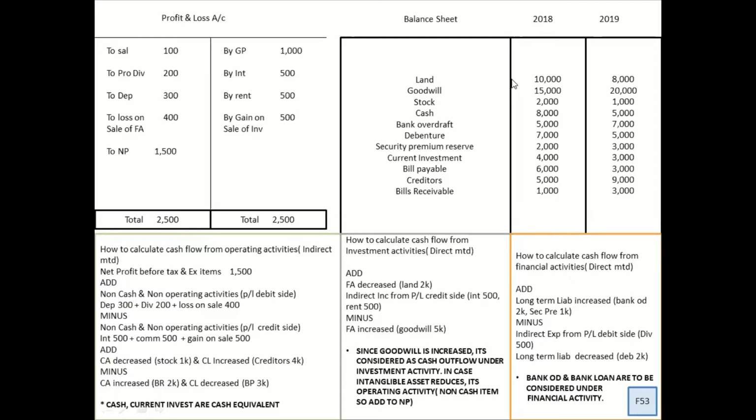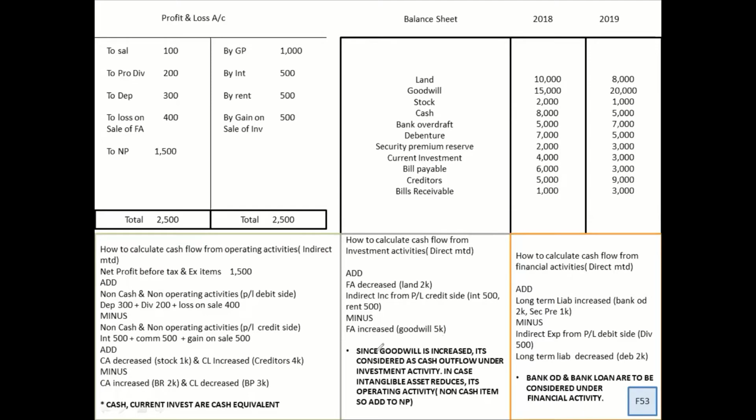So imagine a stock is increasing, that is asset increases. You must have purchased the stock, only then it will increase. So when you purchase, cash goes out. All right, this is what your understanding should be. I hope this slide is very much clear.